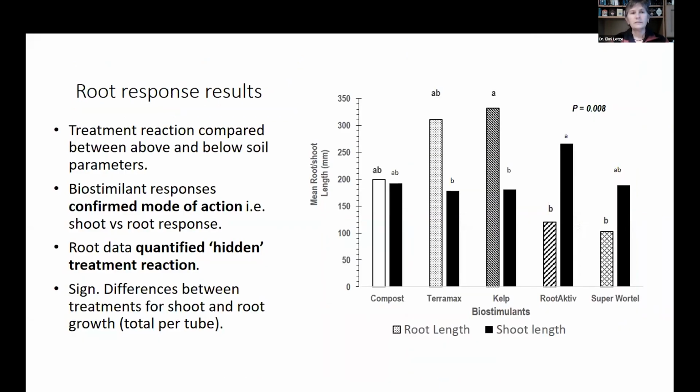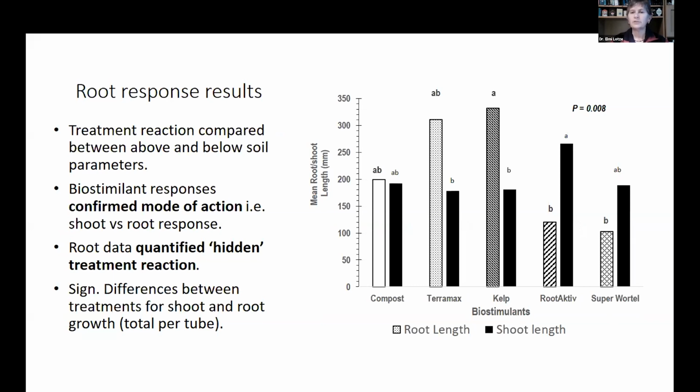Some of the root response results: what was interesting is that the treatment reaction was compared between the above and the below soil parameters. So in the graph, you could see that here we show the mean root length as well as the mean shoot length between the different treatments at the end of the season. One thing that was nice is that we could see a difference between the different treatments, and they differed significantly.